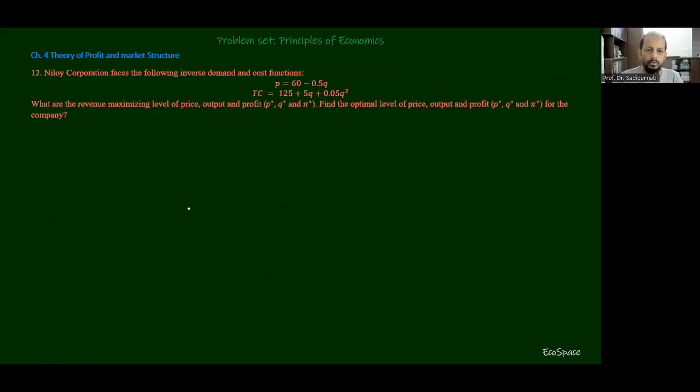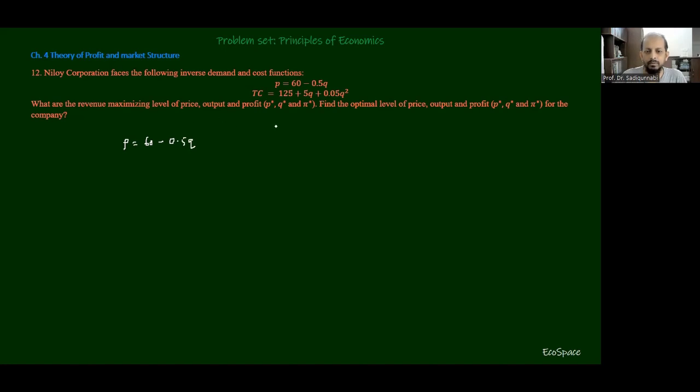Problem number 12. It says that Niloy Corporation faces the following inverse demand and cost function. So our inverse demand function is P equals 60 minus 0.5Q. Why is it called inverse demand?